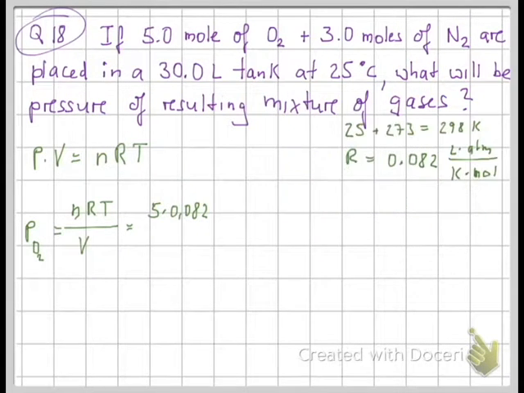I moved the values for the Kelvin calculation and the value for R out of the way. So it's 0.082 liters times atmosphere divided by kelvin divided by moles, times the temperature, 298 kelvins, and 5 moles for the oxygen.